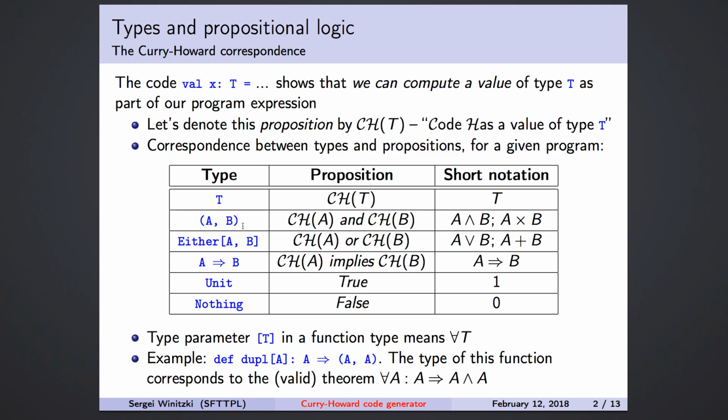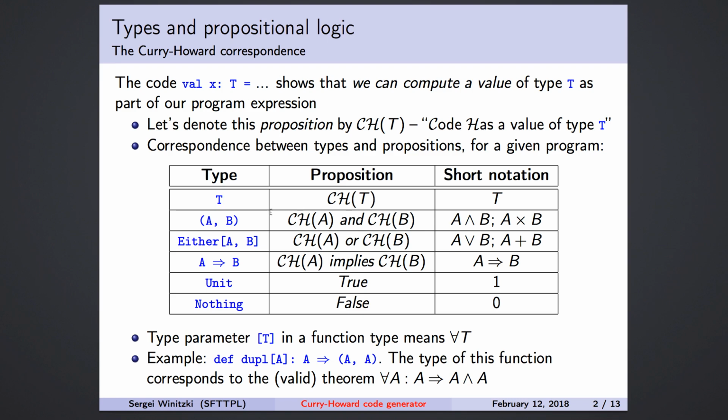If your program has computed a tuple type (A, B), it means that you have computed the value of A, and also you have computed the value of B. Otherwise, you cannot make a tuple type. Now, if you translate that into propositions, it becomes that you have CH of A, and also you have CH of B. So this becomes a logical conjunction of the 2 propositions.